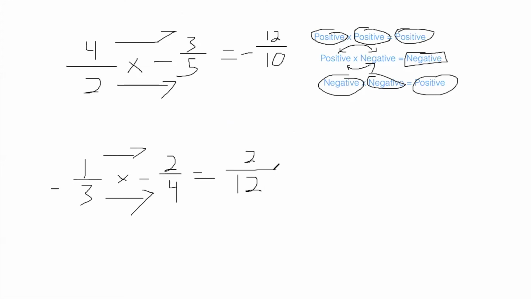So 2 over 12. In this case, the answer is going to be positive because it's a negative times a negative. The only thing you can do is divide both by 2 to simplify. 2 divided by 2 is 1, 12 divided by 2 is 6. So it's going to be a positive 1 over 6, because both of them are negative.